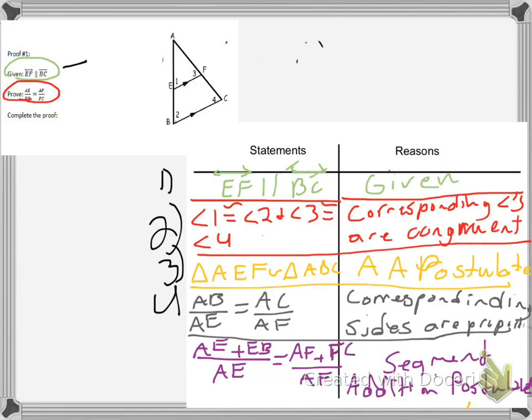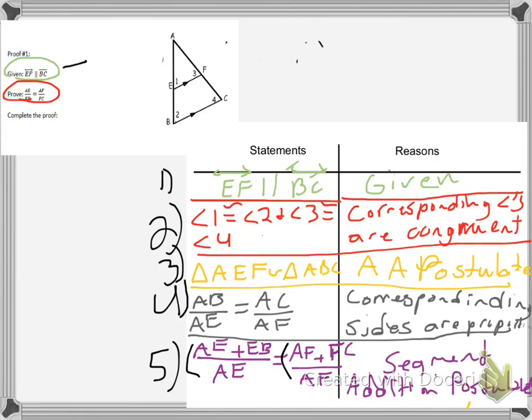So right here we're going to add AE to both sides here. So you can see here we added AE to both sides. And right here we added AF to both sides. So now we have segment addition postulate in order to do that. And you'll see why we're going to do that in just a moment. Why we're going to add AE and AF to both sides.